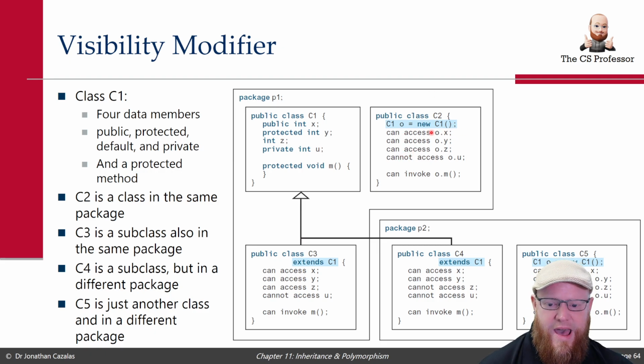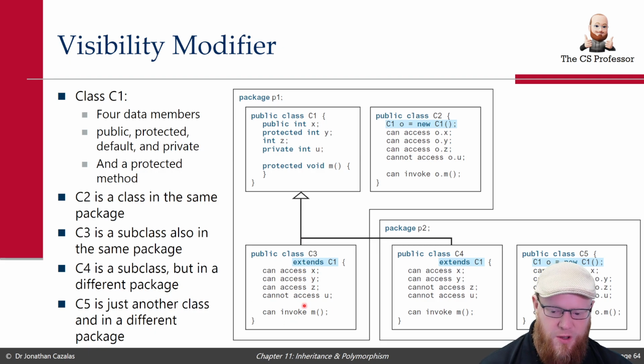We can access X because X is public. It can be accessed everywhere. We cannot access U because U was private and was only accessible within that same class. We can access Z because Z is default, and default means it's accessible in the same package. We're in the same package. And of course, we can access Y because we're in the same package as well.